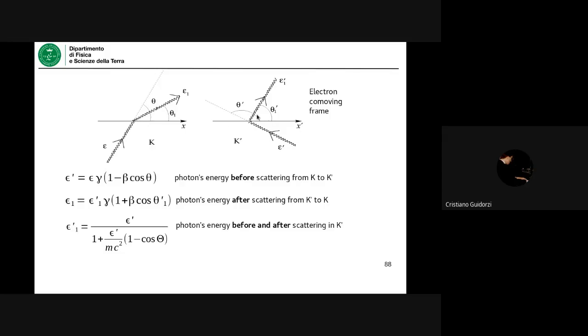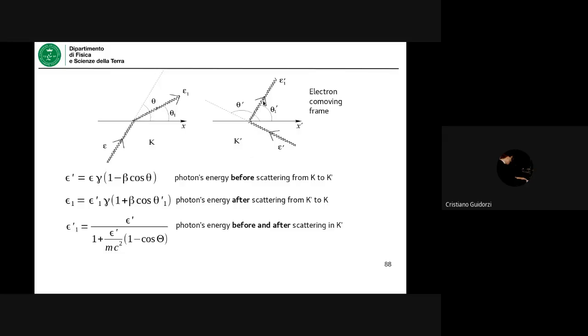Of course, I cannot make a 3D figure here, but you have to figure out that in the most general case, the linear momentum of the scattered photon will be in a different plane.